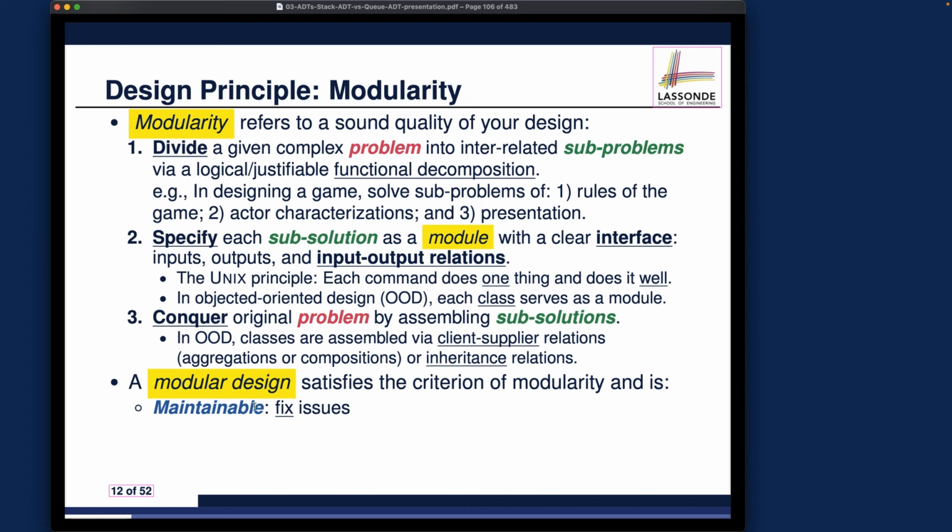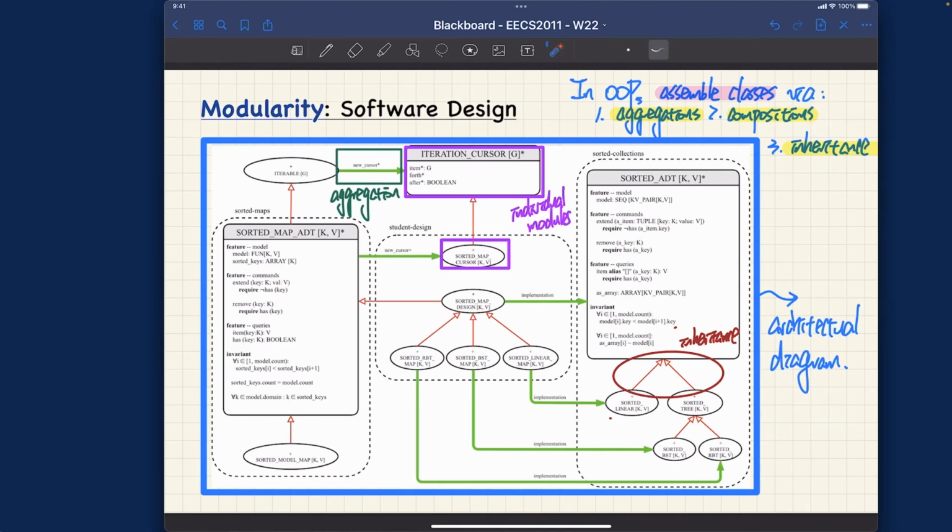Number one, it should be maintainable, meaning that whenever you want to fix any issues, you don't really need to fix the entire system. You can really try to pinpoint exactly which module is causing the issue. You can fix that one only, right? By changing the relevant modules, right? For example, let's say this is my system, which is completely modular.